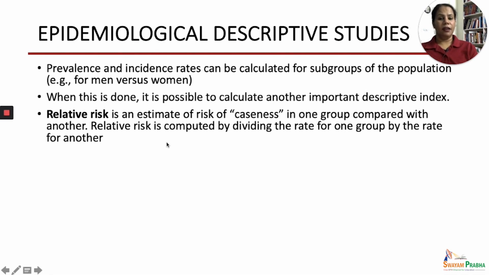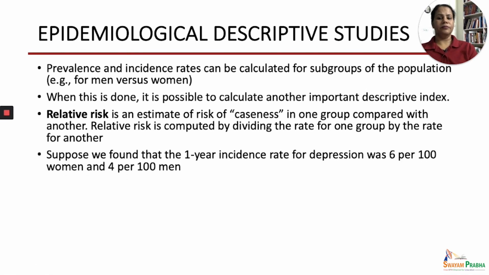Suppose we found that the 1 year incidence rate for depression was 6 per 100 for women and 4 per 100 for men. So now we know the rate of depression for women and the rate of depression for men.